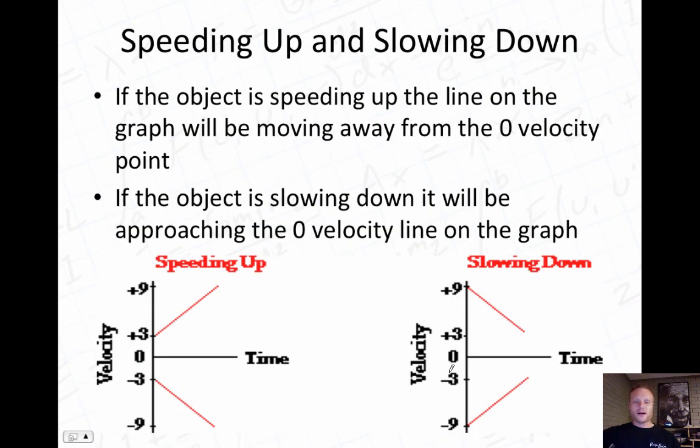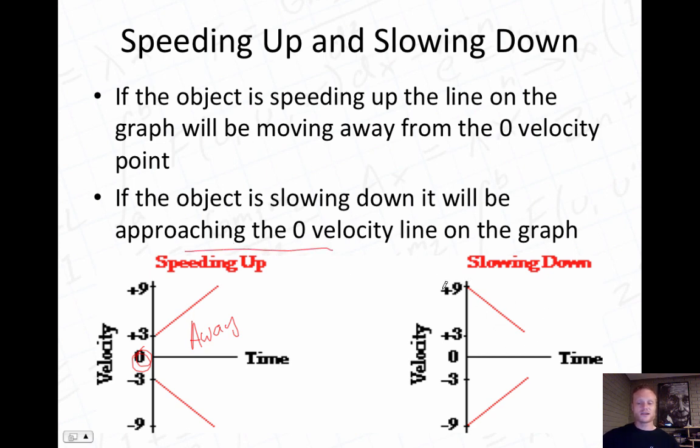Speeding up and slowing down. If an object is speeding up, the line on the graph will be moving away from the 0 velocity point. That makes sense: if something is getting more speed, more velocity, you'll notice here's the 0 line, and both of these red lines are moving away from the 0 velocity line, so it's getting faster and faster. If an object is slowing down, it will be approaching the 0 velocity line.